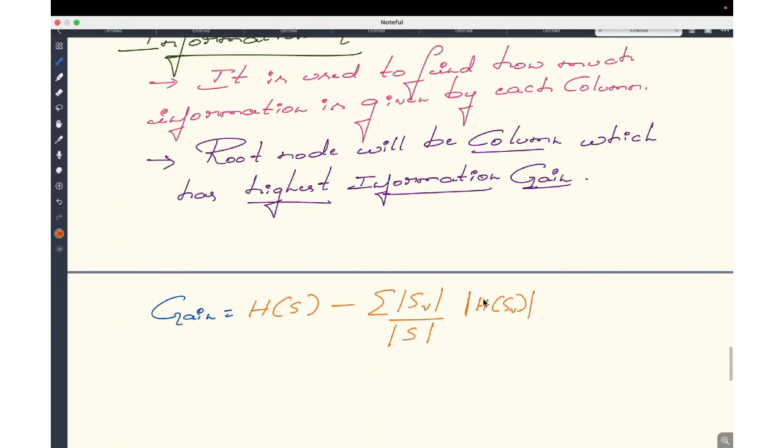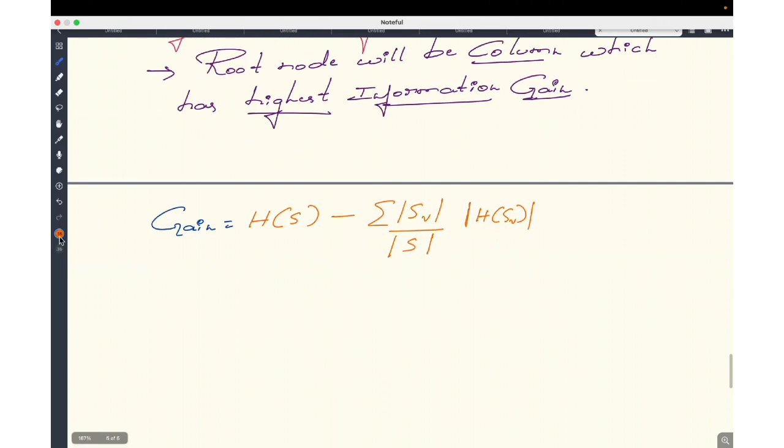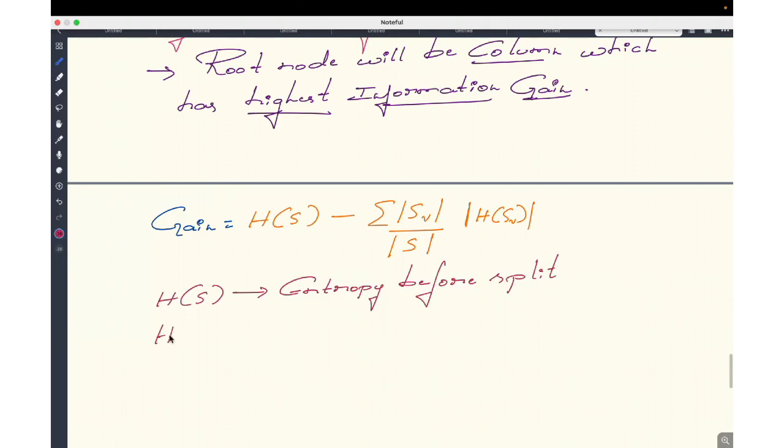Basically here H(S) represents the overall entropy, entropy before split. And H(Sv) is the entropy after split.